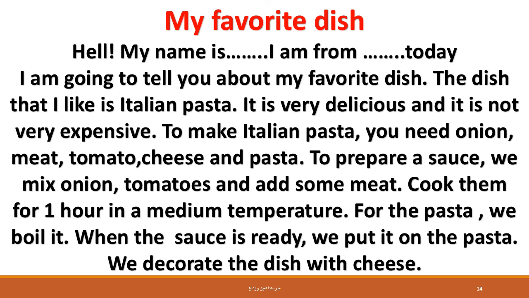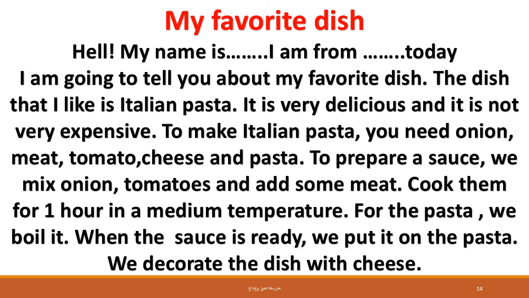Today I'm going to tell you about my favorite dish. The dish that I like is Italian pasta. It is very delicious. It is not very expensive. To make Italian pasta, you need onion, meat, tomato, cheese, and pasta. To prepare a sauce, we mix onion, tomatoes, and add some meat.